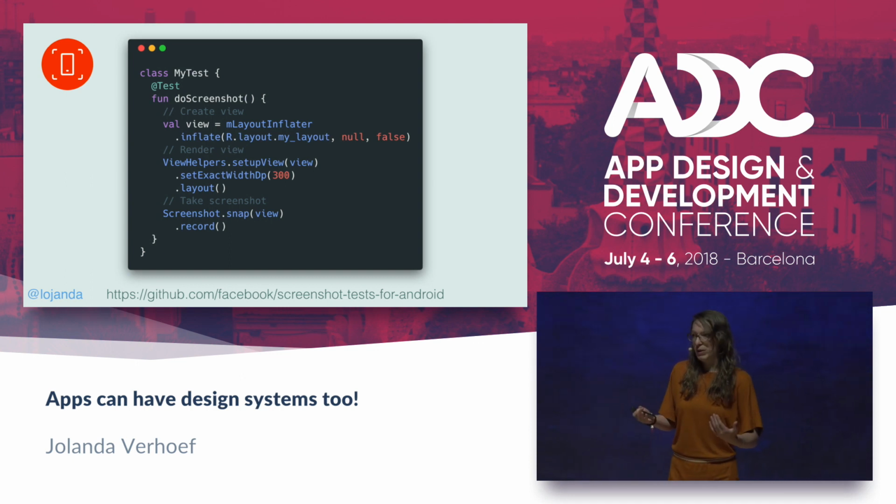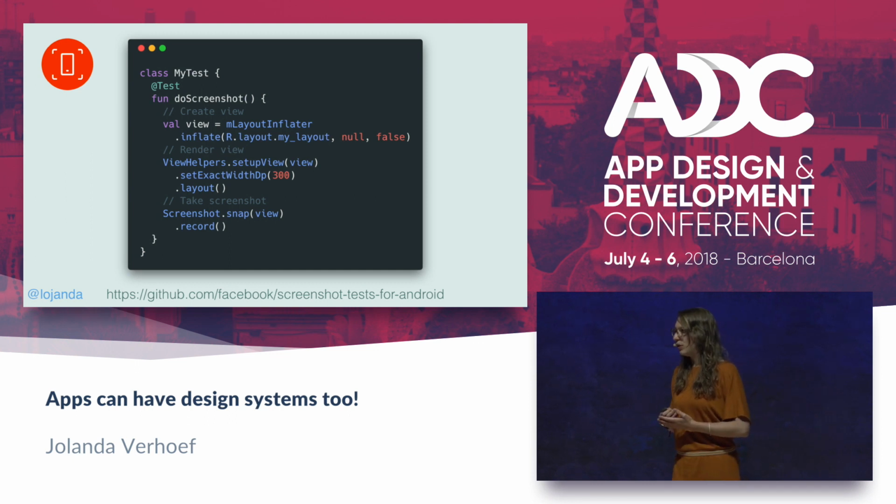And we can do that by using another open source library. For Android, this is called Screenshot Tests for Android. For iOS, I think it's similar, also an open source project. And this gives us an opportunity to write tests that actually make screenshots. And you can run those tests in a recording mode, saying you build something new and you want to record those new screenshots.